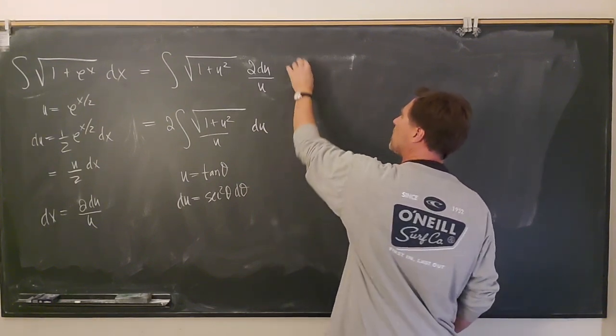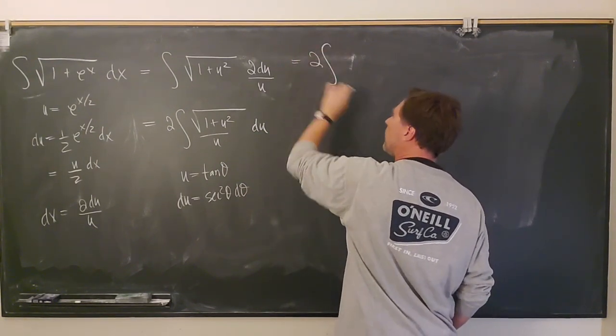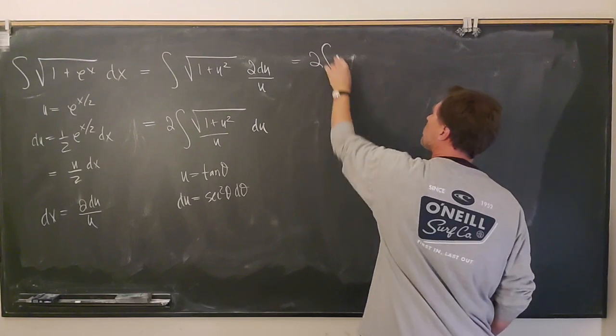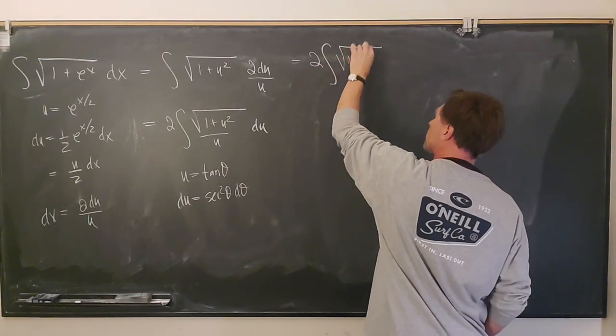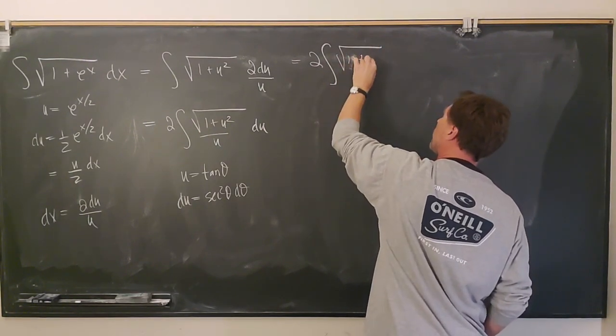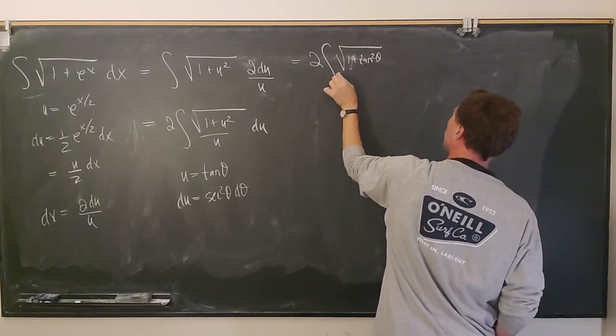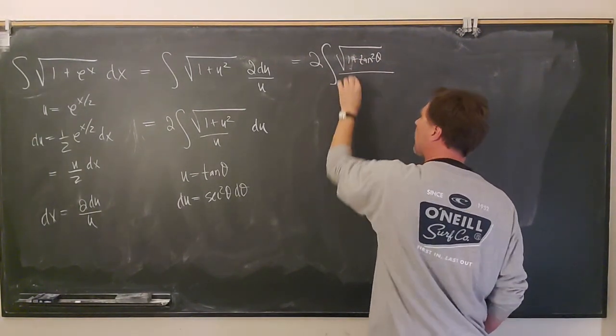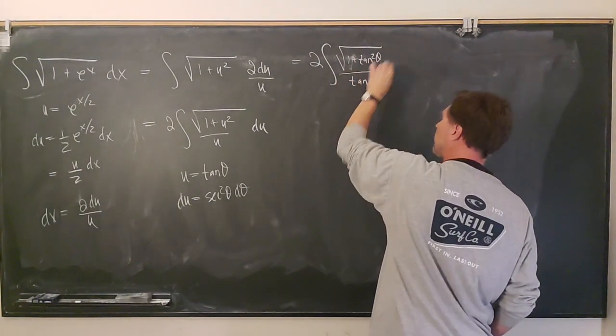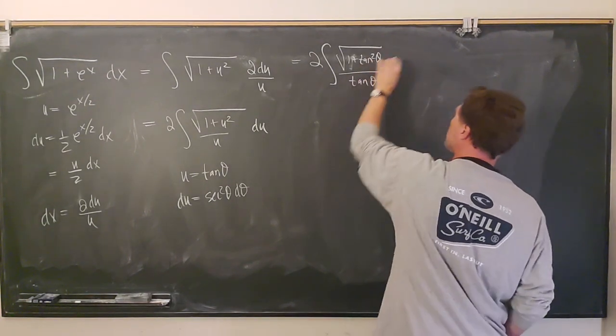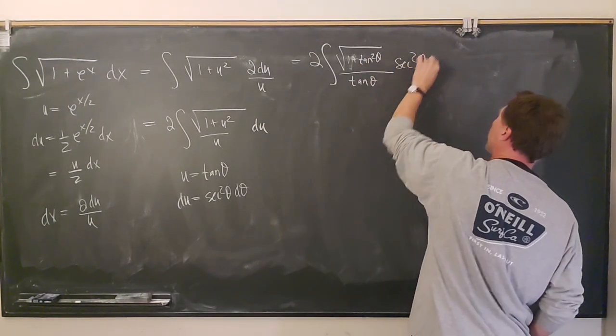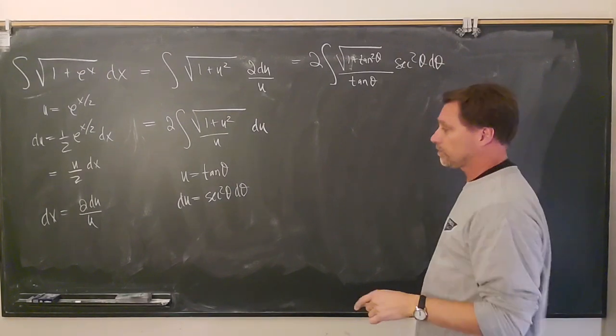And so now when we substitute, we'll have a 2 integral square root of 1 plus tangent squared theta. Underneath, we will have a tangent theta. And then du is a secant squared theta d theta.